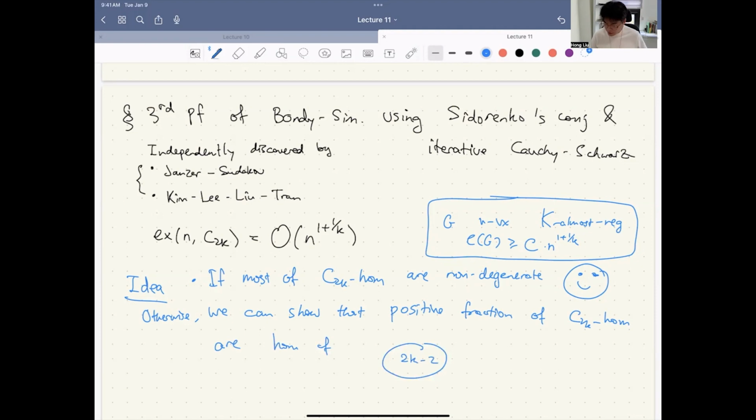What is it? It's a C_{2k-2}, an even cycle two shorter, with a pendant edge sticking out. Okay.